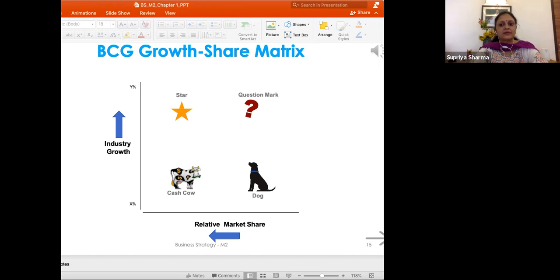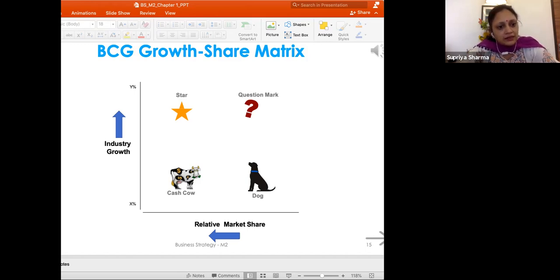Dogs represent businesses having a weak market share in low growth markets. They neither generate cash nor require huge amounts of cash. And because they have low market share, these business units face cost disadvantages.